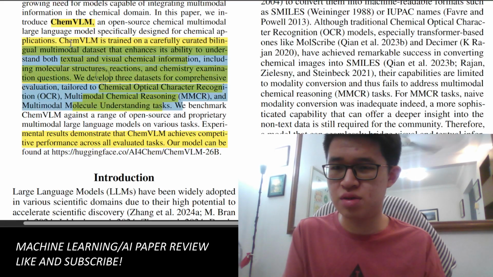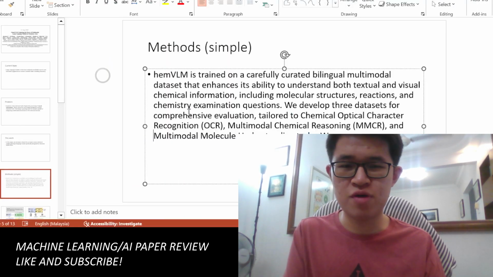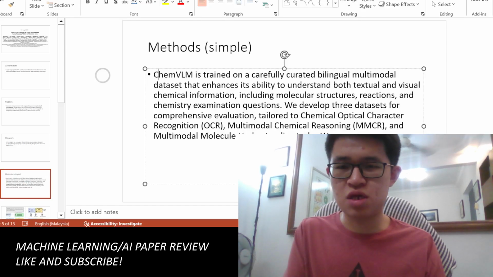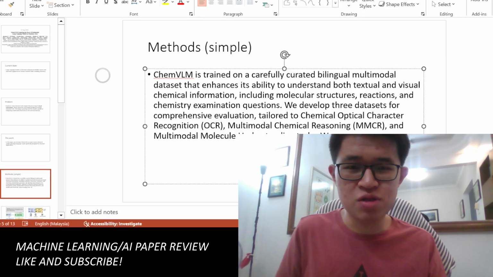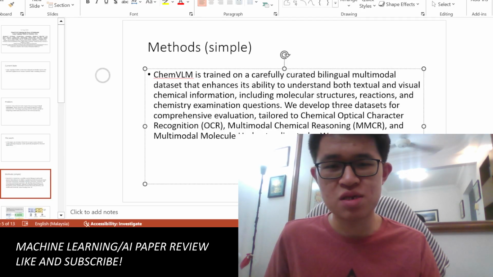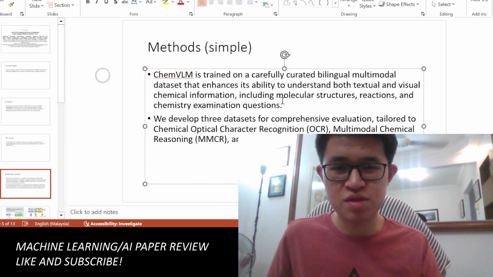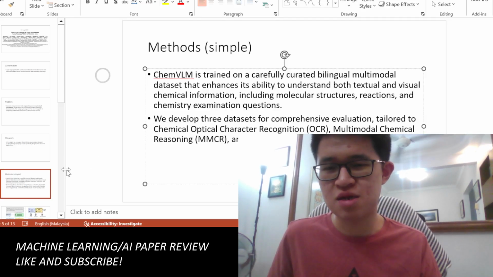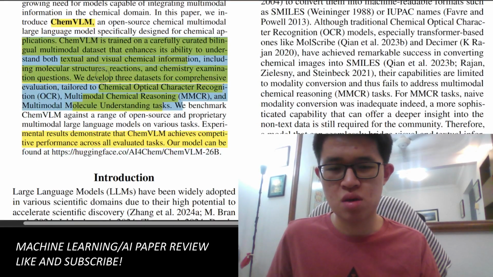Let's highlight that, copy and paste it. ChemVLM is trained on that, and we developed three data sets for that. So this is the model, and this is the data set contribution.